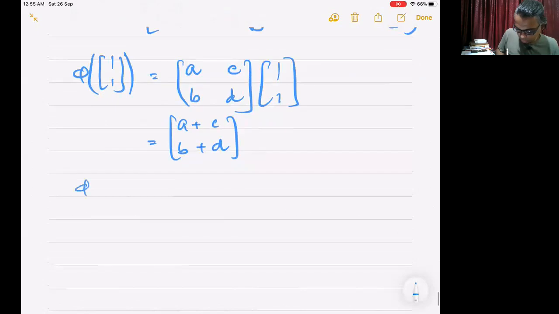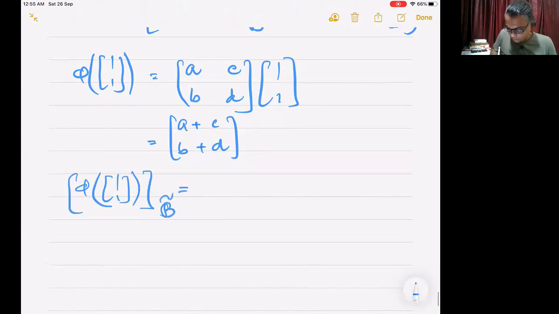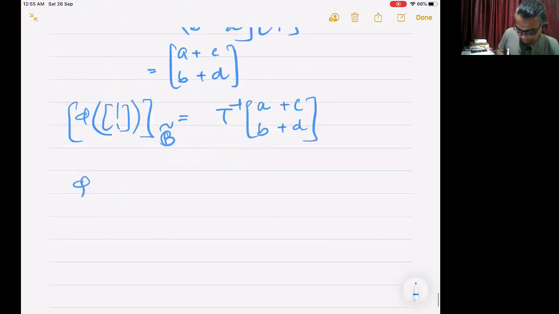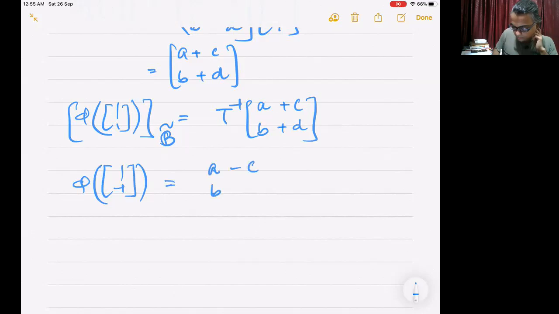Phi acting on (1,1) expressed in the new basis would be T inverse times (A plus C, B plus D). Here, phi acting on (1,-1) is (A minus C, B minus D).